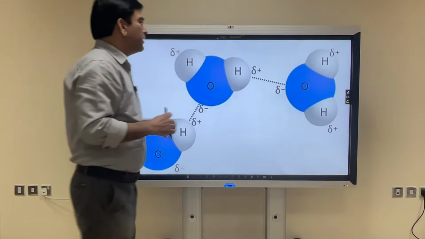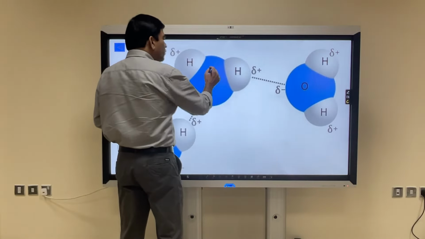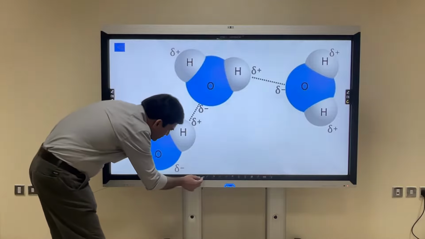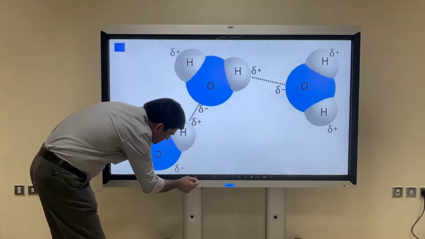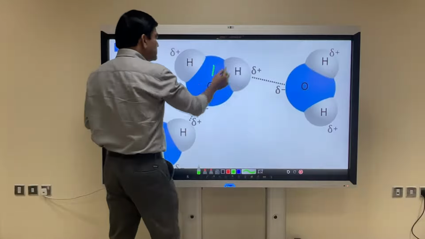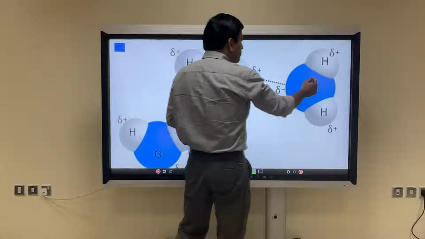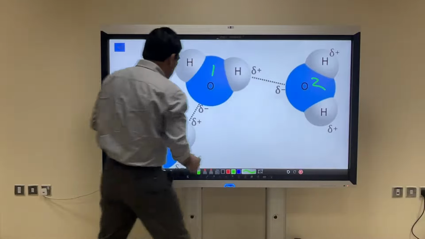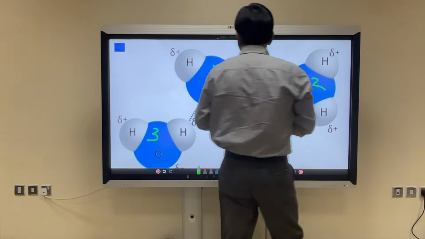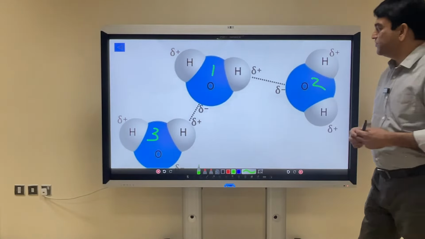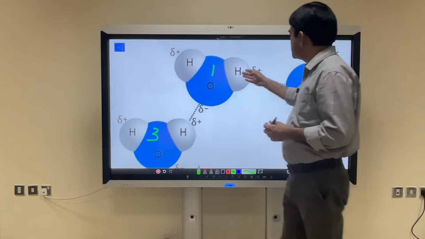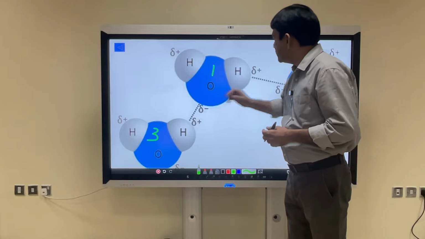Now, for example, say you have molecule 1, 2, and 3. Molecule 1 is H2O, then you have molecule 2 and molecule 3 over here. Let's see the interactions between different water molecules. In water molecule 1, as I told you, H has a delta positive charge and O has a delta negative charge.